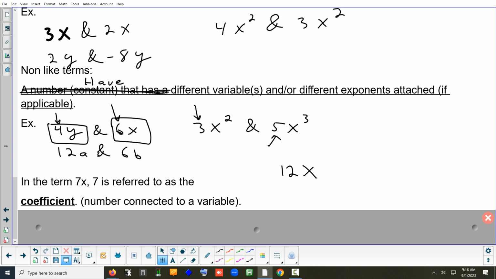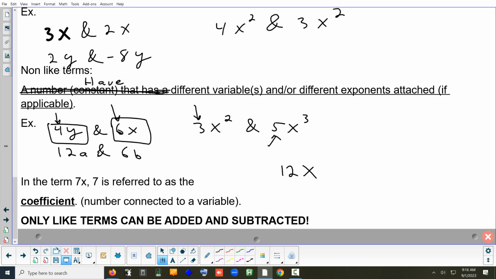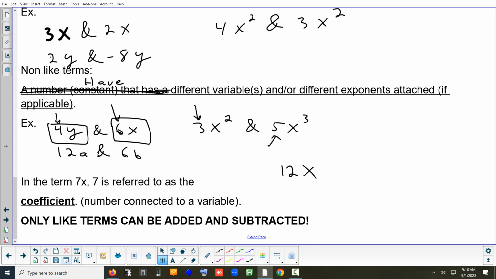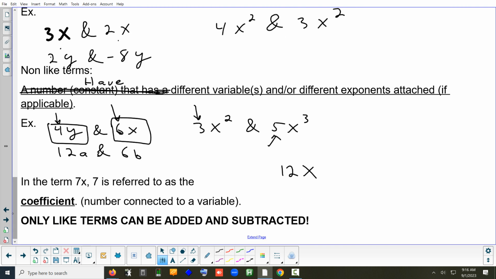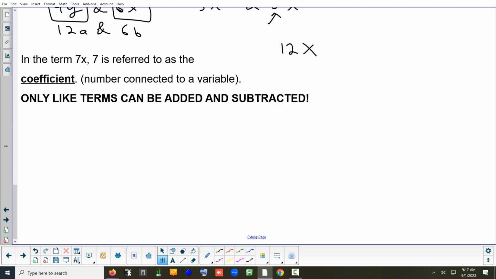All right. And what's the last thing? The last thing says only like terms can be added and subtracted. So let's take some like terms, and this is where the homework started at question 10, and I said you could stop there because we didn't do it. Now we're going to try some of them. Let's take 3x and 2x, and let's add them.